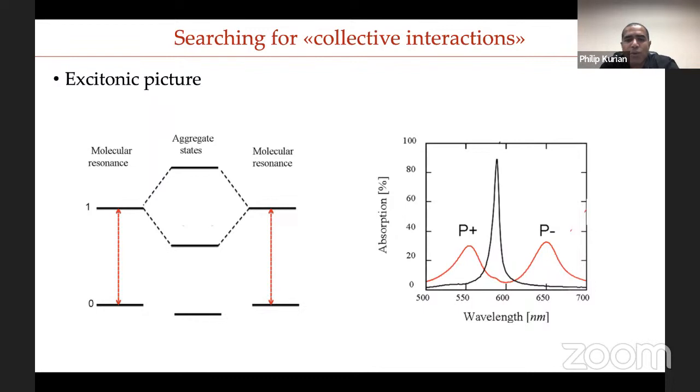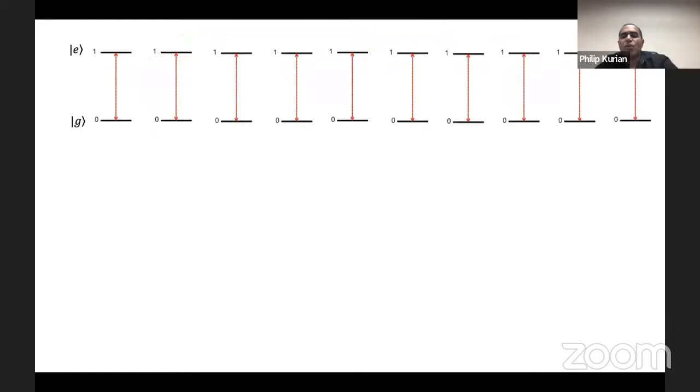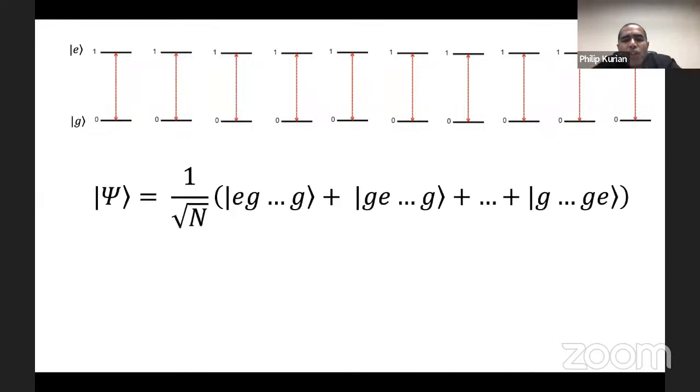But these molecular resonances that are on site, meaning at the excitation wavelength, can be red shifted and blue shifted in the aggregate states, okay? So now imagine you don't just have two, but you have several and large architectures of these networks. And in fact, you can write a coherent superposition of these where the first molecule is in the excited state, all others in the ground state, and so on, where the second is in the excited state, all others in the ground state, all the way to the end molecule being in the excited state.